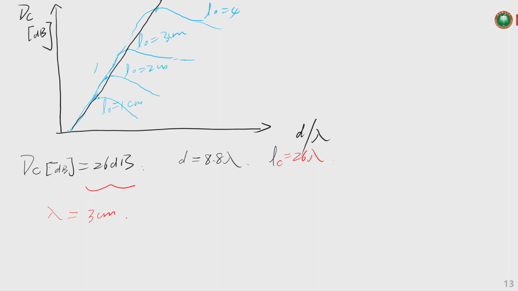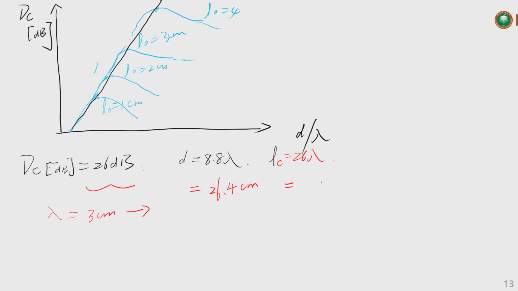So that means the corresponding dimension D equals 4.26 centimeters, right?